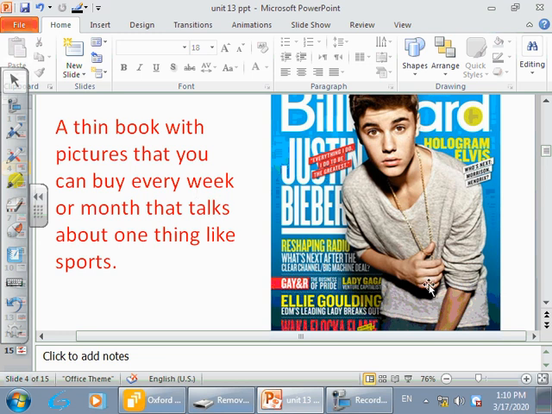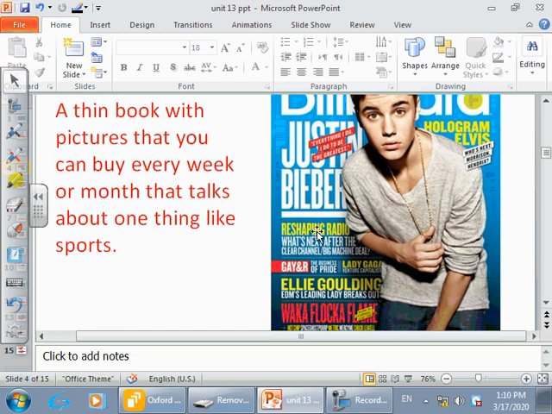Look guys, this is the magazine that we have. The magazine is a thin book with pictures that you can buy every week or month that talks about one thing like sports. For sure, guys, we have different kinds of magazines, like fashion magazines, cars magazines.